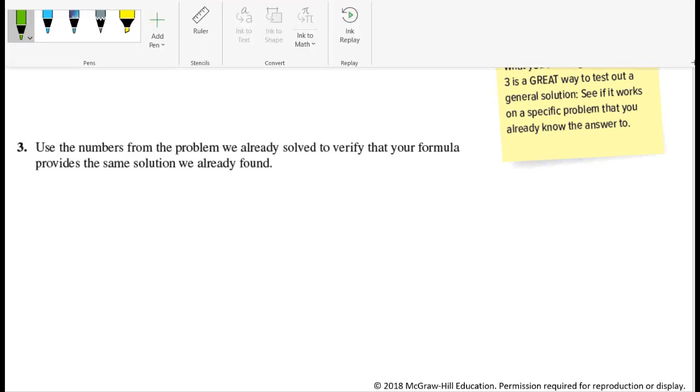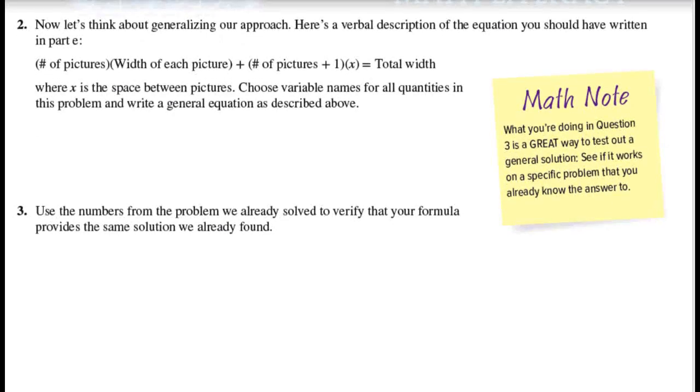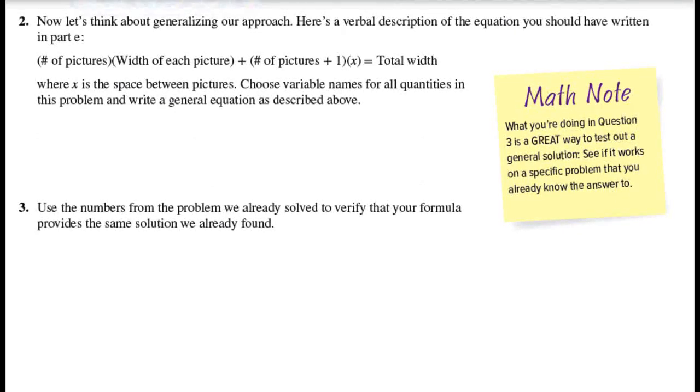So, go on, think about generalizing your approach. Same thing that we did with the Jack and Diane problem. We need to have variables for each thing, and they're telling us X is the space between the pictures. Choose a variable name for all quantities in this problem. Write a general equation as described above. Go ahead and do that and then restart the video.